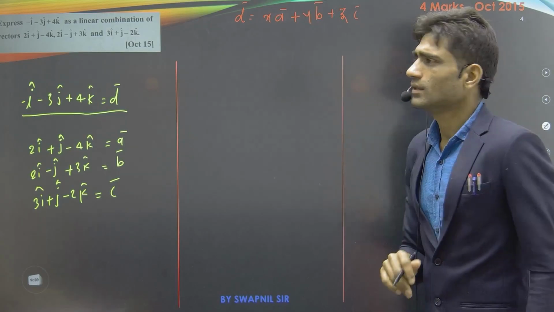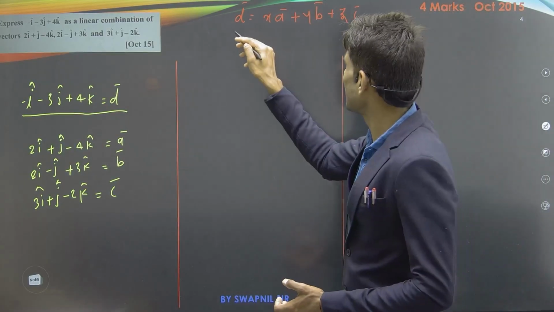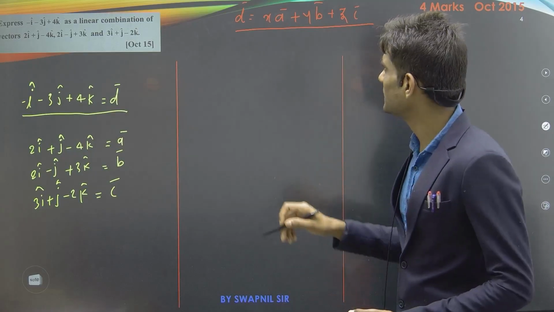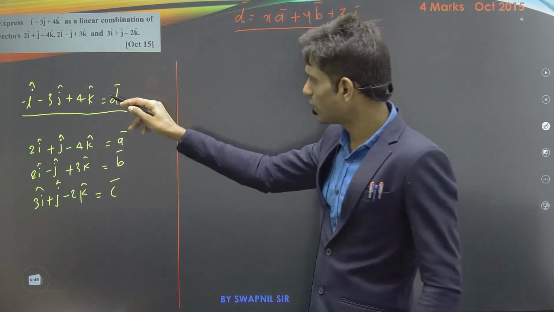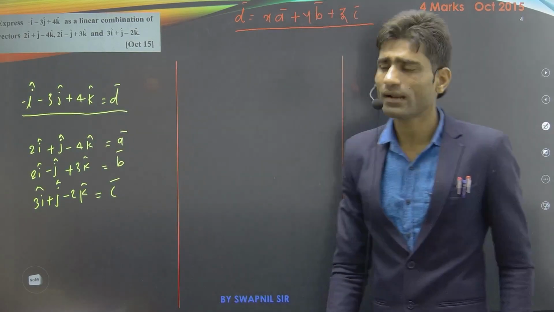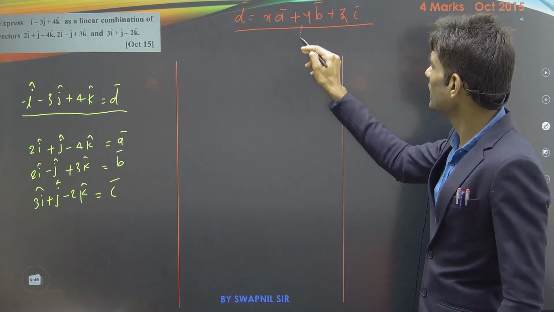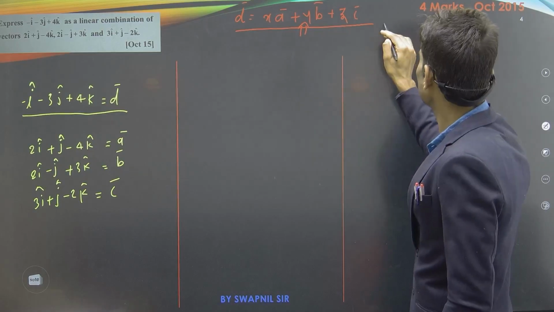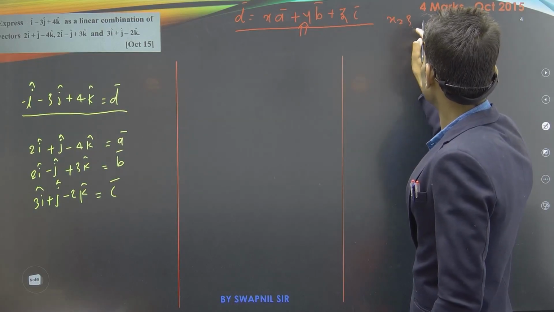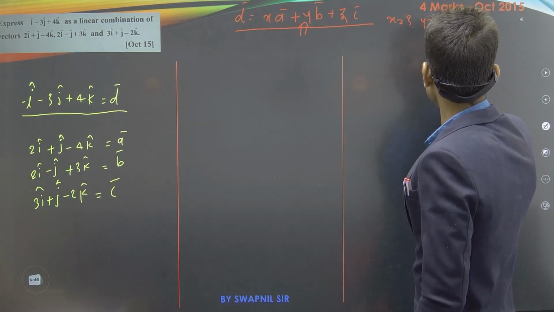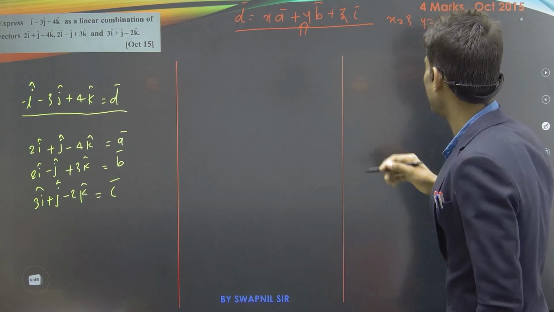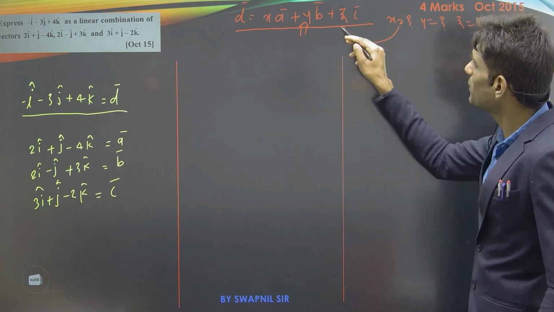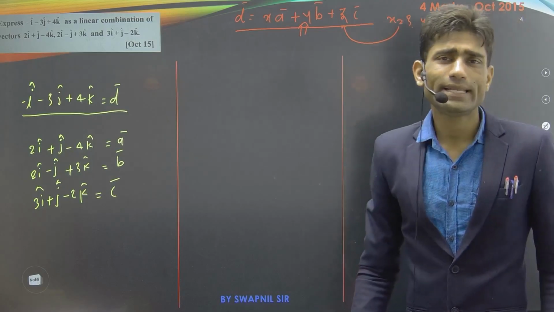Now replace all the values for d bar, a bar, b bar and c bar in our linear combination, then find the values for x, y and z and put these values back in our linear combination.